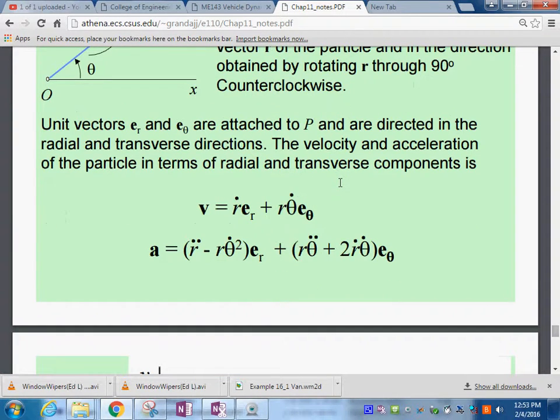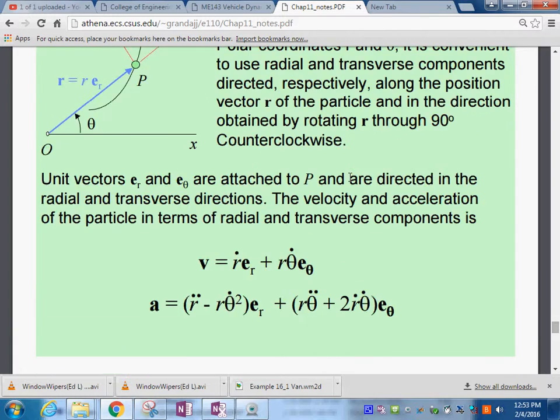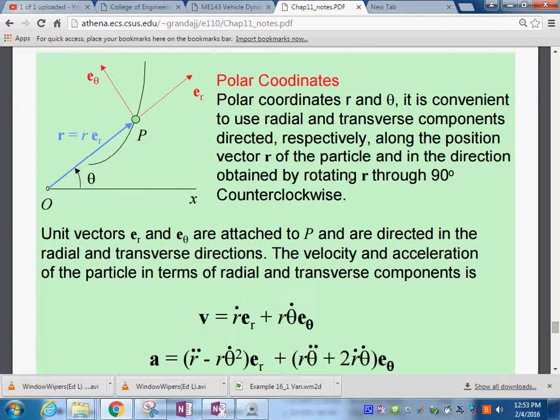This is another way of representing things. It's called polar coordinates. And in doing mechanics of rigid bodies, many times local polar coordinates save us a lot of time. And here the polar coordinates are theta and r.